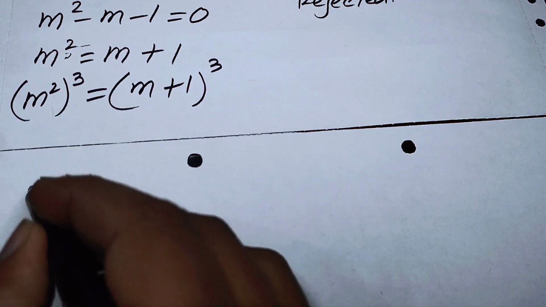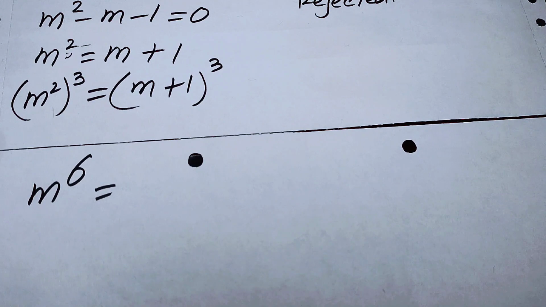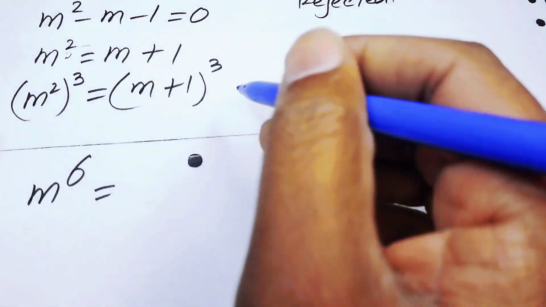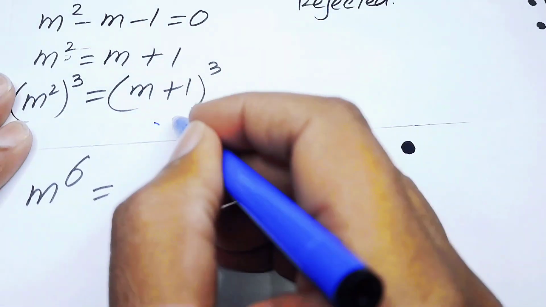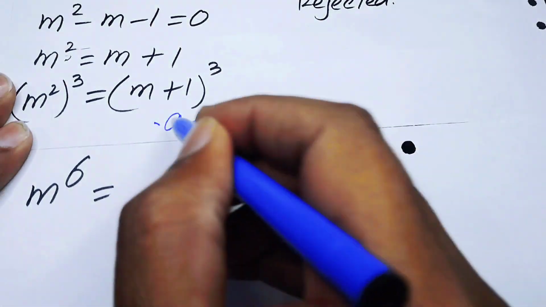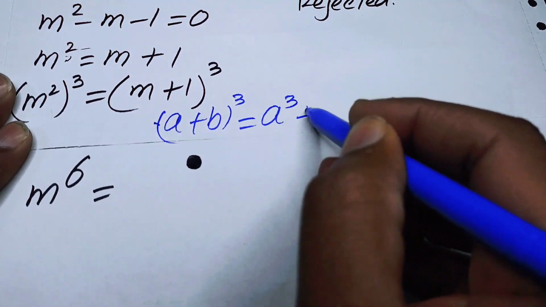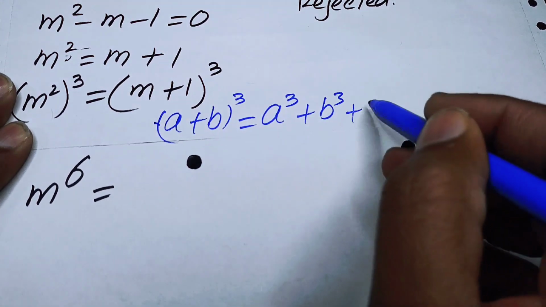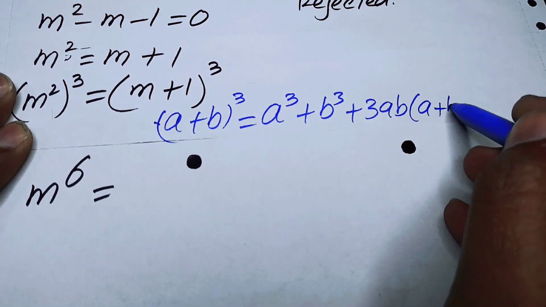On the left hand side we get m to the power of 6, and on the right hand side we apply the cubic formula, and you know that if we have a plus b to the power of cube, it is equal to a cube plus b cube plus 3ab into a plus b.